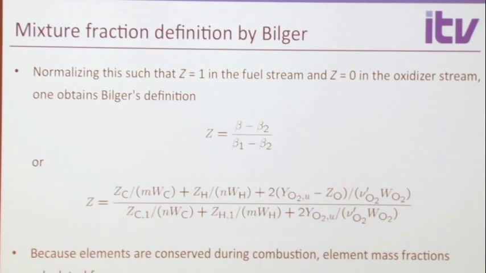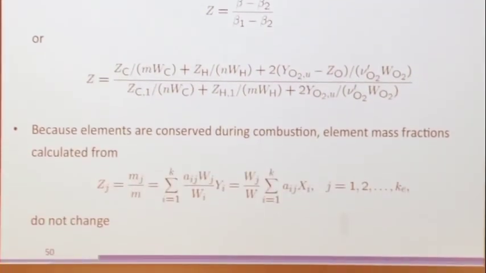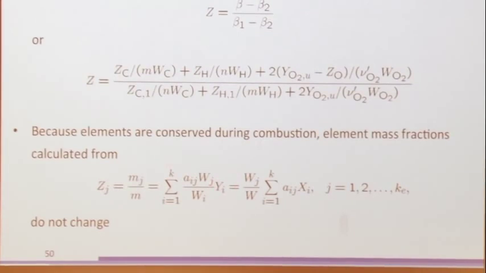That looks very similar to what we had earlier, but now it's all based on these element mass fractions. And the element mass fractions, as we saw earlier in this lecture, can be related back to the mass fractions. So I can also replace these element mass fractions by the actual mass fractions if I want, but then I have this matrix in the definition. So that's just a different definition of mixture fraction that doesn't make the assumption of a one-step global reaction.